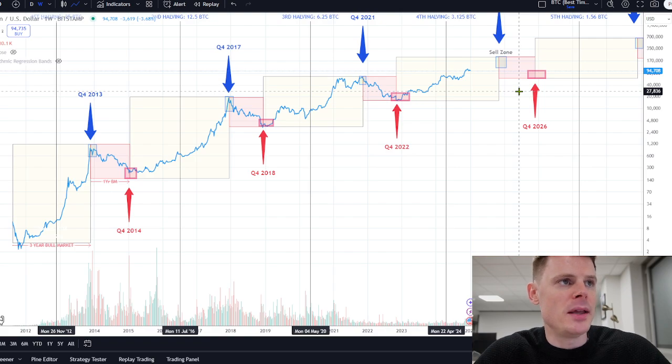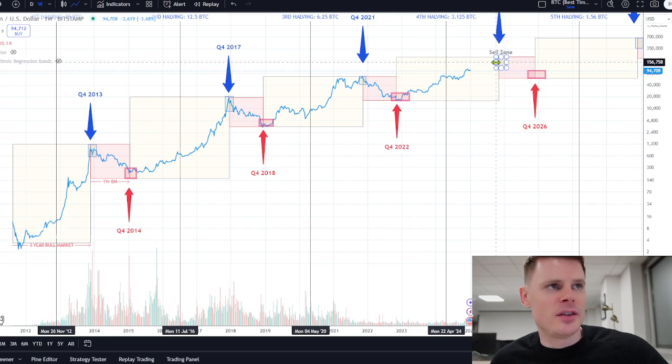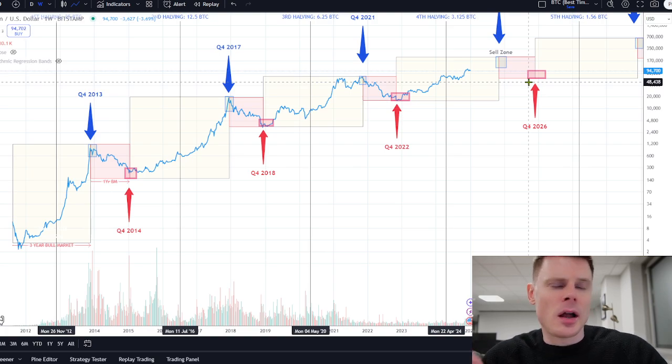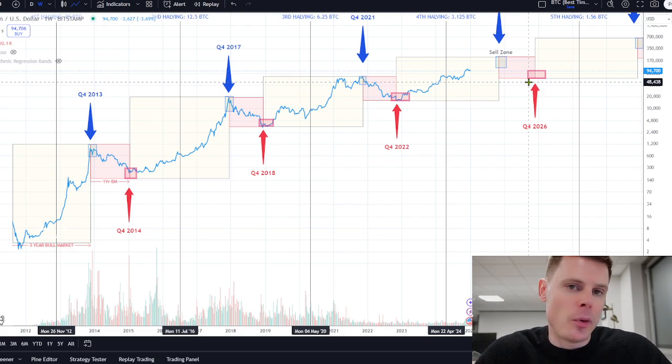So a trader can look at this and potentially take advantage of it by selling here in this sell zone in Q4 of 2025 with the intention of rebuying in Q4 of 2026, buying either a couple of months before and after in order to gain an average price during that period, because the bottom could be a little bit earlier or later, and could really be at any point whatsoever.